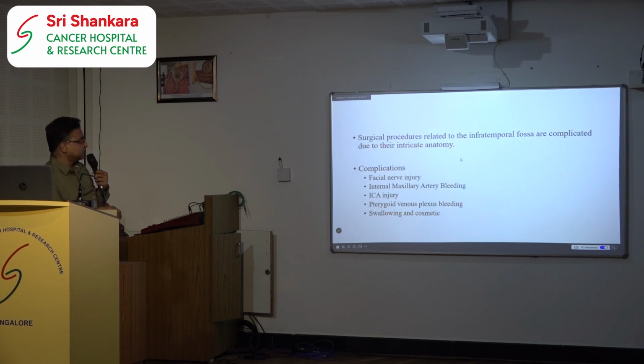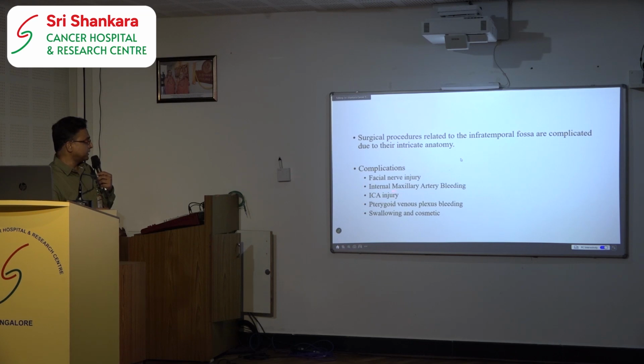Now, what is the big deal with infratemporal fossa clearance? Why is it not considered a straightforward procedure? Because of the intricate anatomy that we just saw, it's very important to understand this to minimize the associated complications. So what are the complications?